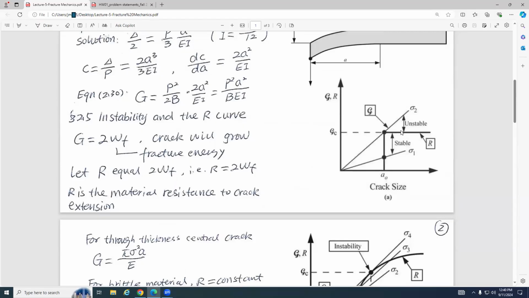So here you can see, okay. So this is R, and suppose at this point, you can see at this point Gc equals G. It will grow, alright? It will grow, guys. Can you see? If it grows, the G will always be greater than the Gc, than the resistance. As a result, this one will not be stable.